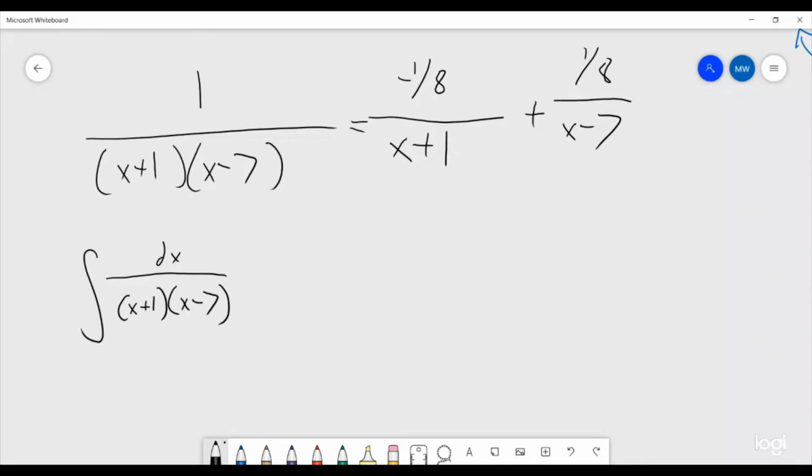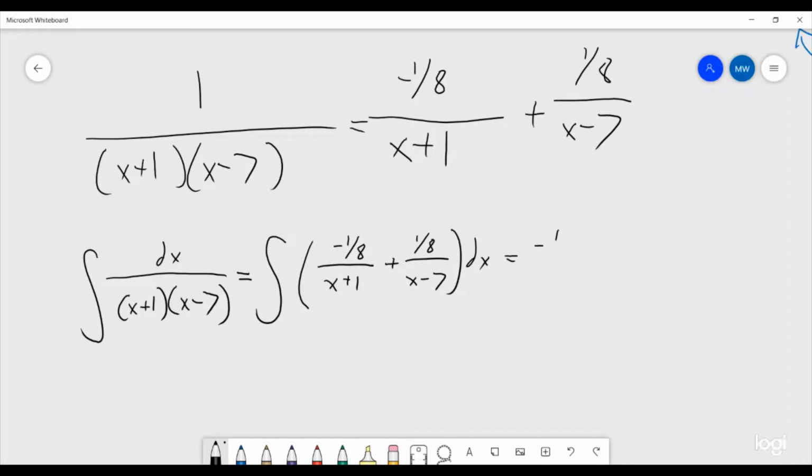We can't integrate that directly because we don't really know how, but we can use partial fractions to rewrite this as the integral of negative 1/8 over x plus 1 plus 1/8 over x minus 7 dx, which is equal to negative 1/8 the integral of dx over x plus 1 plus 1/8 the integral of dx over x minus 7.